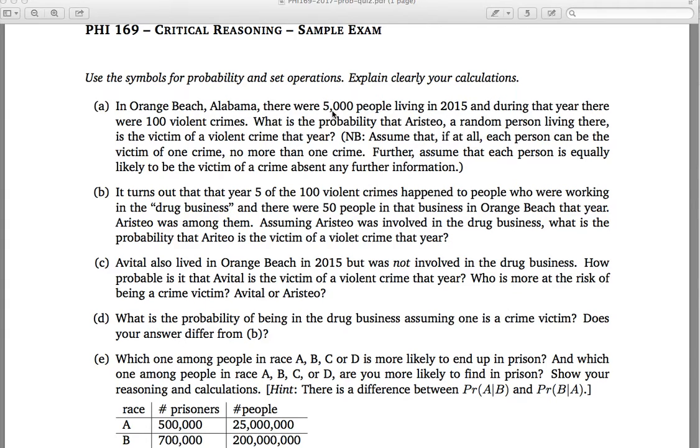And the question here is, what is the probability that a random person, so if you were to pick a person at random out of these 5,000 people living in Alabama in 2005, how probable would it be that that person would be the victim of a crime? Or in other words, that that person would be a person who has been victimized. Okay, so that's the question.